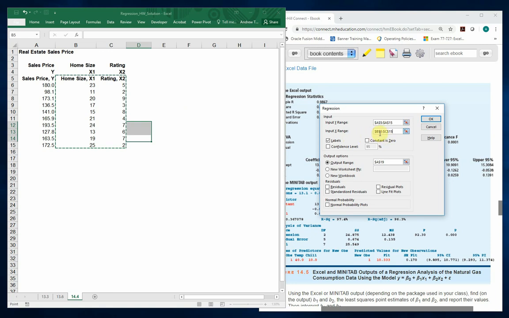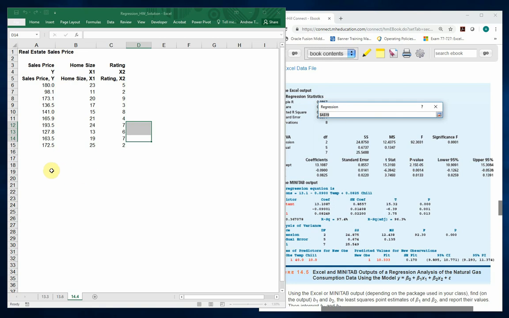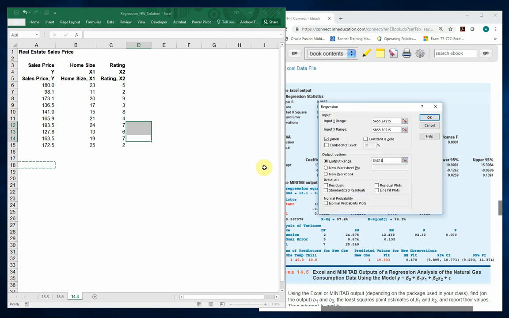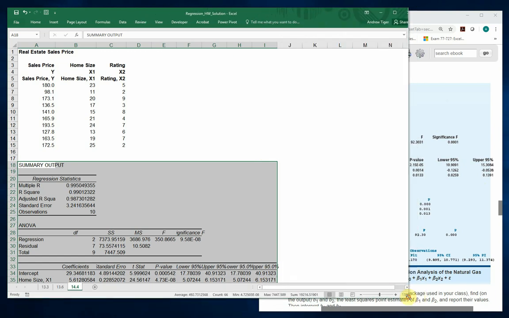We can have a lot. The very first row that I selected was not numbers, it was a label, so I'll make sure this is labels, and I'm going to go ahead and put the output on this worksheet. Right there. Okay, a lot of information now. So now we're going to focus on this.